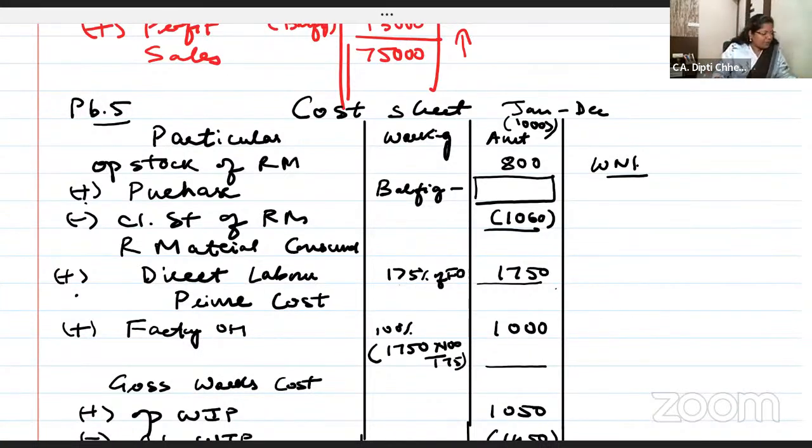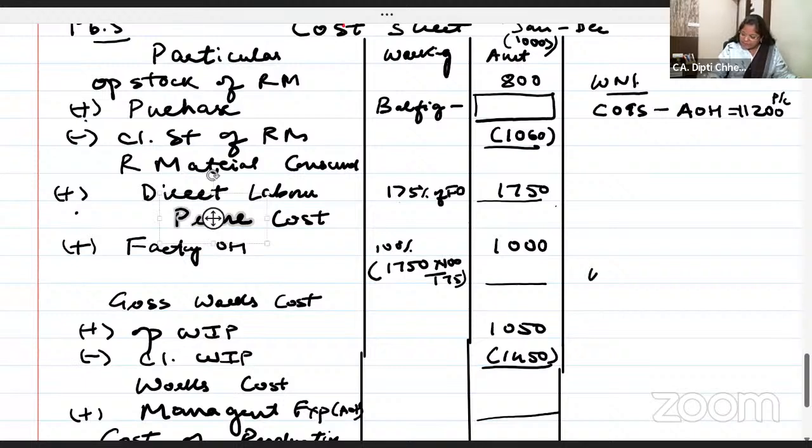Okay. Working note 1. It says cost of the goods sold minus administrative overhead is 11,200 per unit. But for this, I'll keep this on hold. First, we know that selling expenses, number of units sold, we need to find.